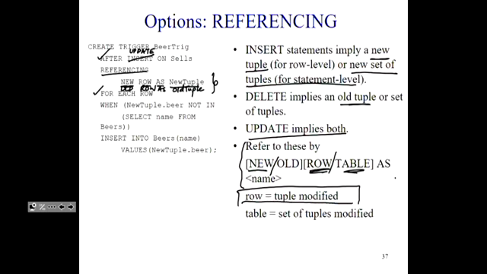If I'm using a statement level trigger, I would use table. This table means the set of tuples that are modified. Okay, so if I have referencing new table as blah, that blah would refer to the set of tuples that are added. Okay, so these are the new tuples. Okay, any questions about this?